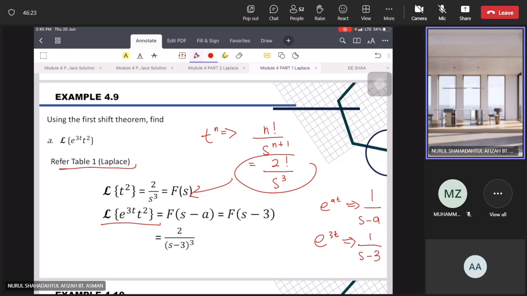Yeah. So for the first one, this one you consider F(s). Then the second, F(s minus a). Then you substitute a equals 3.